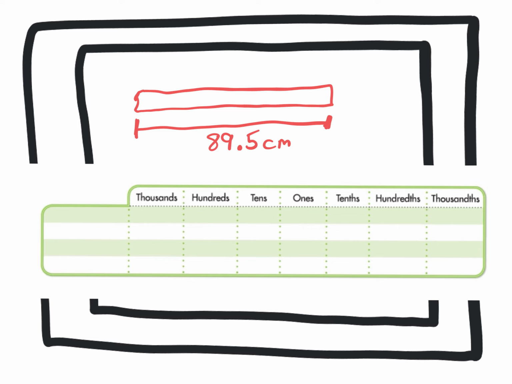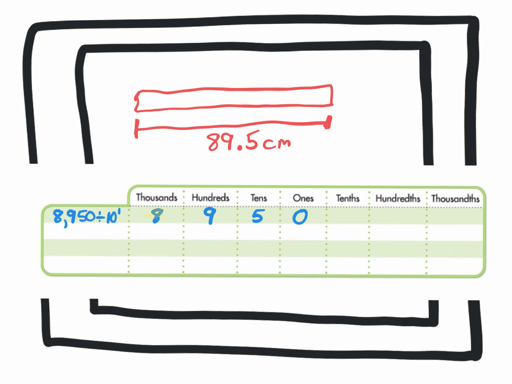So if we put over here 8,950 divided by 10, or another way to say that is 10 to the first, we could fill out our place value chart with 8,000s, 900s, 5/10s, and 0 1s. Now, dividing by 10 results in moving each digit one place to the right.